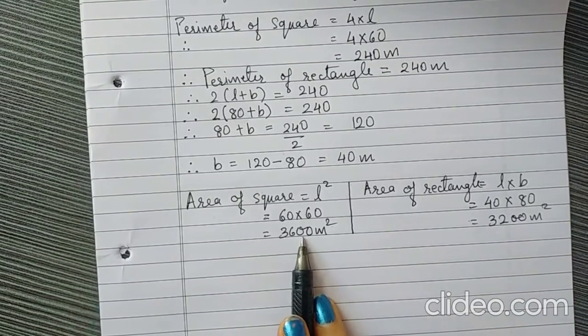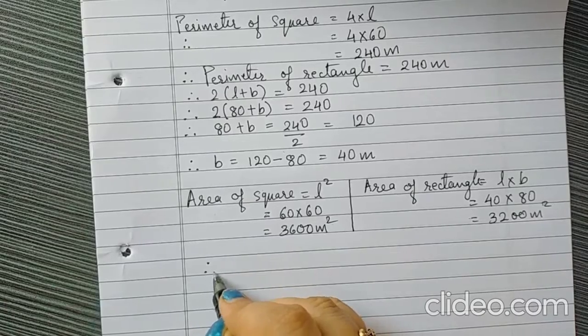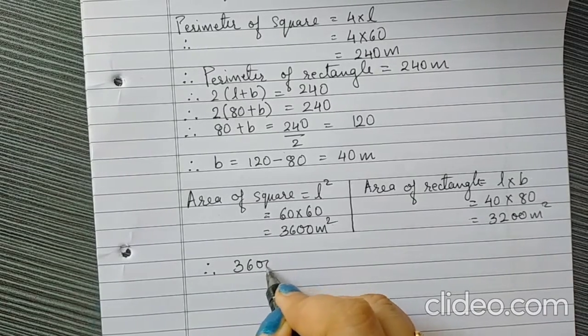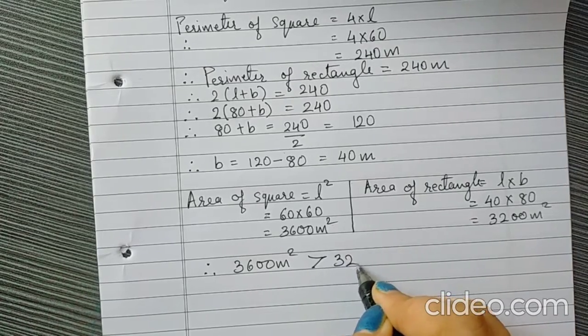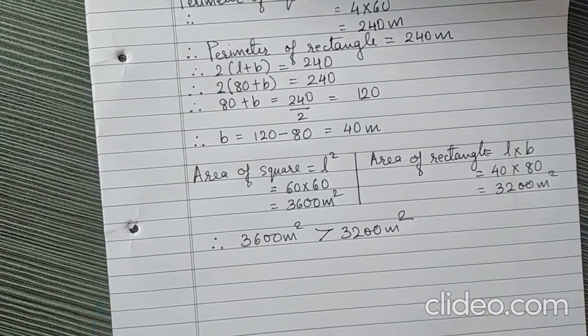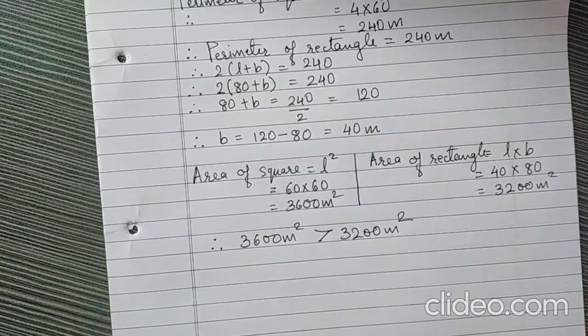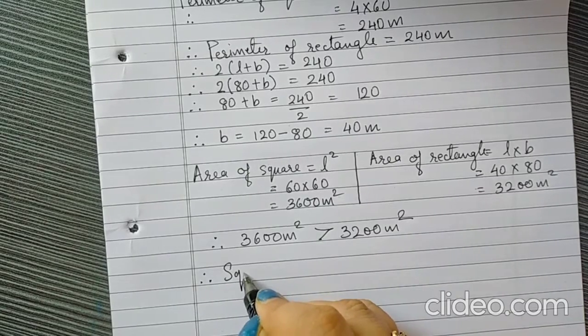Now which is greater, 3600 or 3200? Therefore 3600 meter square is greater than 3200 meter square. It means area of square is greater than area of rectangle.